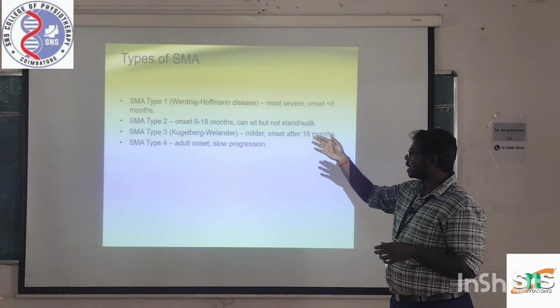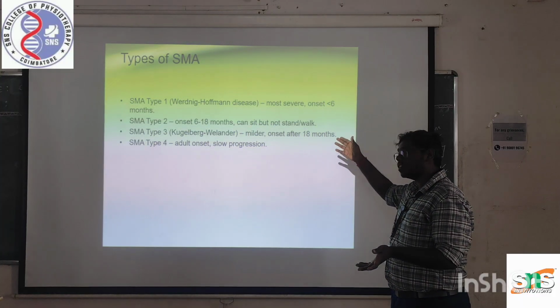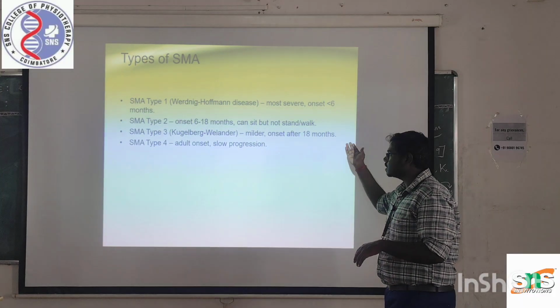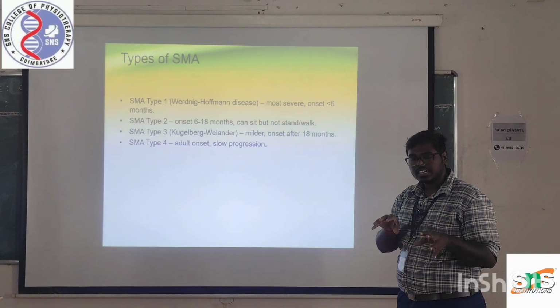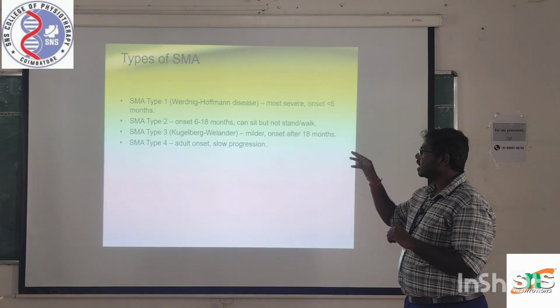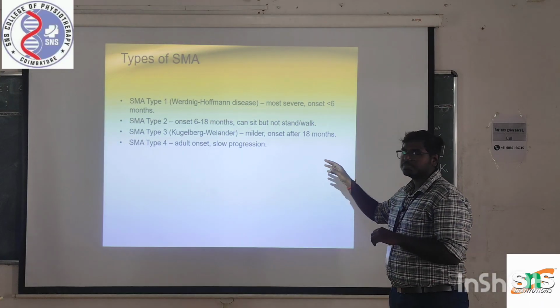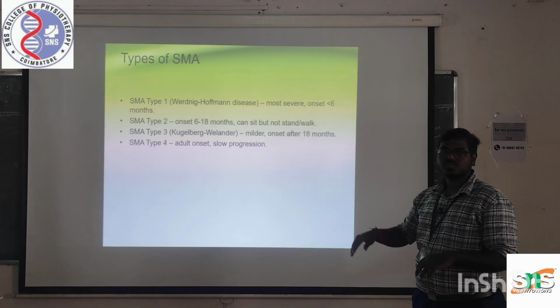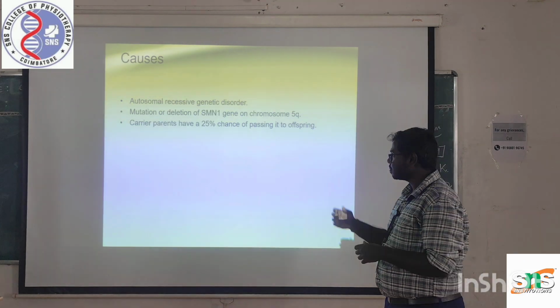The first type is mostly the severe type, with onset below 6 months. Then in type 2, onset lies between 6 to 18 months. In type 3 it is milder, and type 4 is a very slowly progressive type of spinal muscular atrophy.